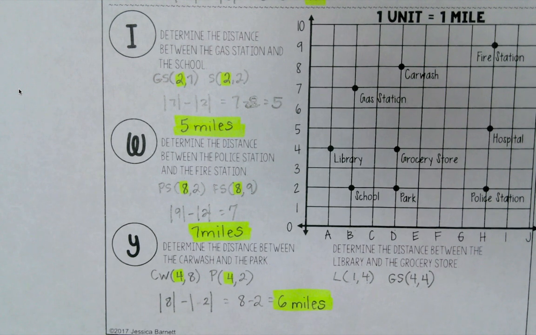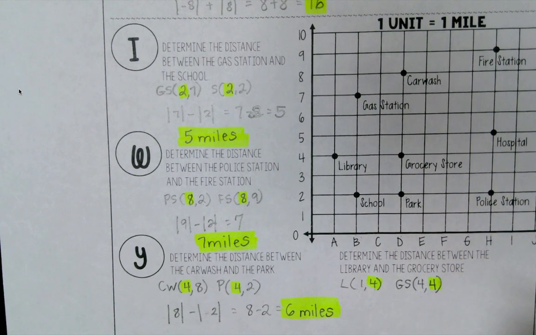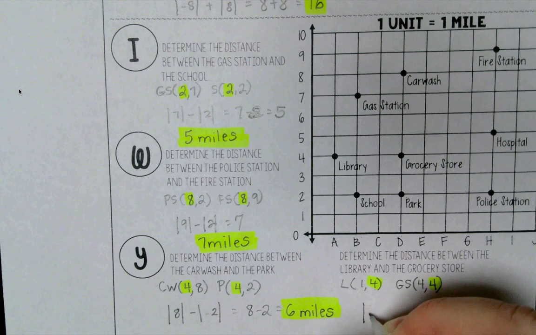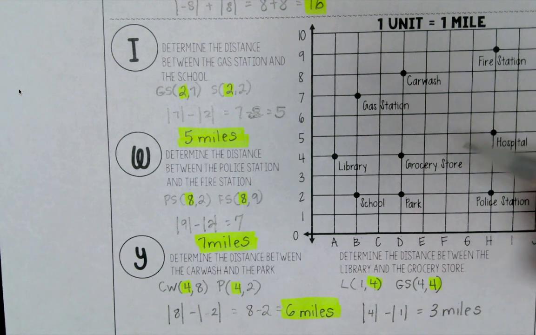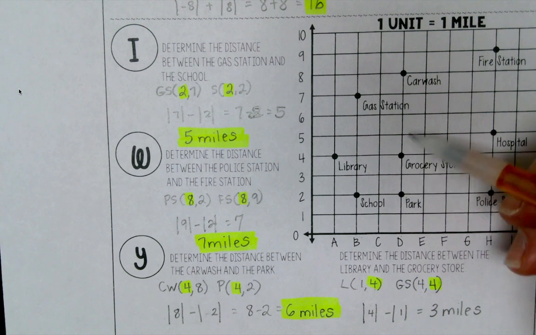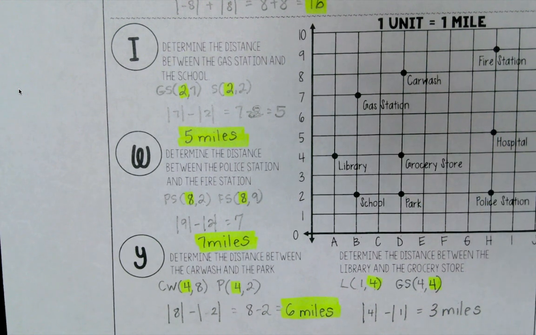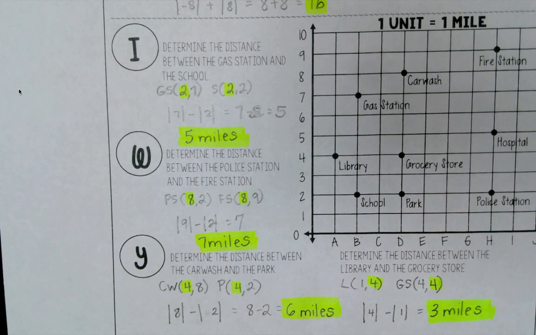Even though there's 3 4s in there, which ones are the same? So now, the absolute value of 4 minus 1 gives me 3 miles. And if we count, it should be 3 miles. We'll be going library to grocery store. 1, 2, 3. Perfect, and that is it, my friends.